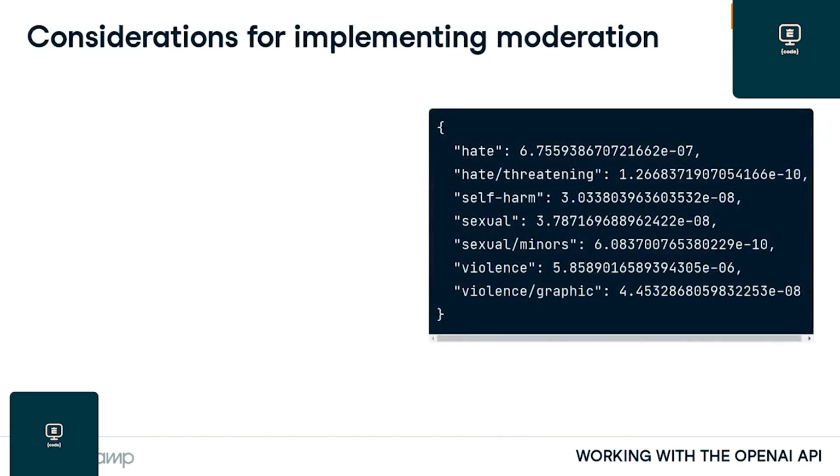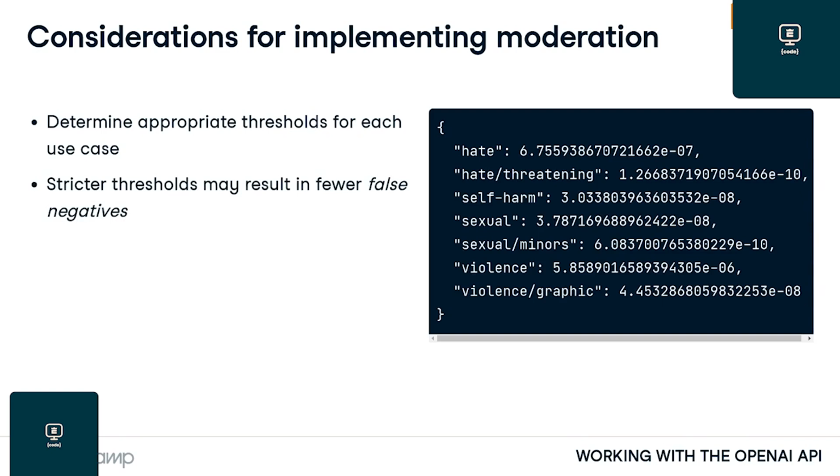The beauty of having access to these category scores means that we don't have to depend on the final true-false results outputted by the model. We can instead test the model on data from our own particular use case and set our own thresholds based on the results. For some use cases, such as student communications in a school, strict thresholds may be chosen that flag more content, even if it means accidentally flagging some non-violations.